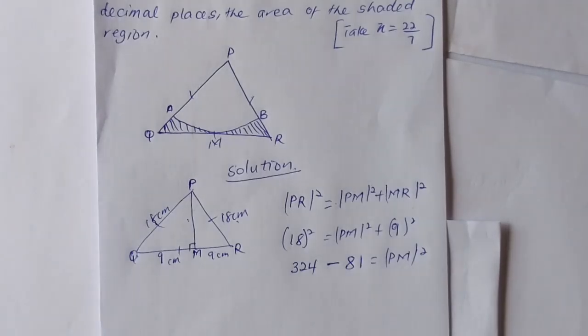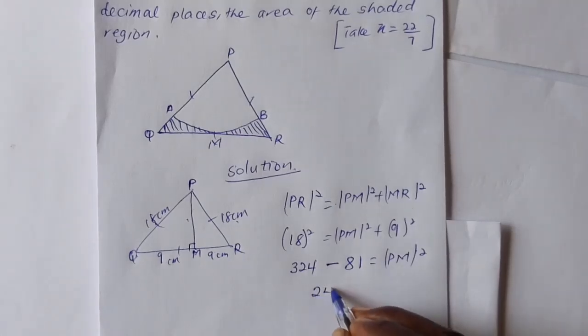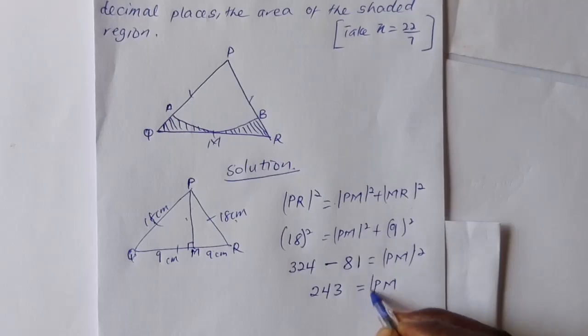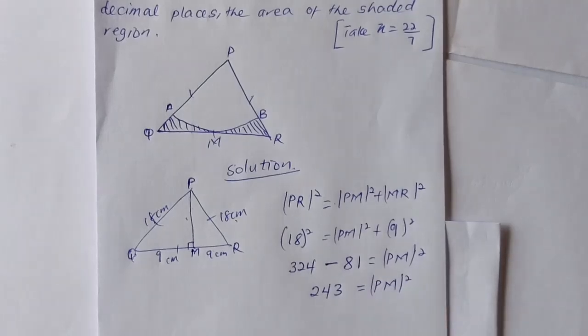Now we do our basic calculation. That is 324 minus 81. What are we getting? 243 equals PM squared.